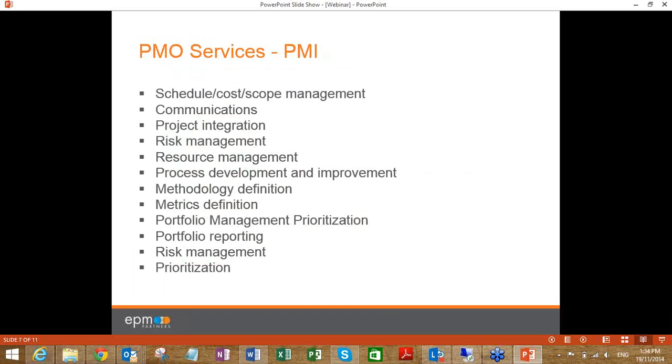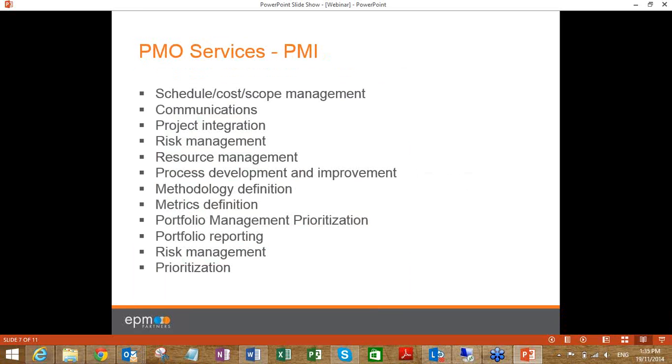PMI is easier to relate to, but probably is, I don't want to say not sophisticated, but it's not as detailed in a way that would cover the services as the P3O. But anyway, in my next slide, I'm going to talk about how you align PPM tools to the PMO services.